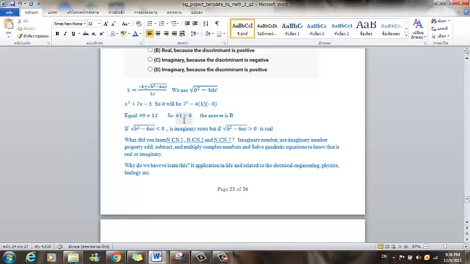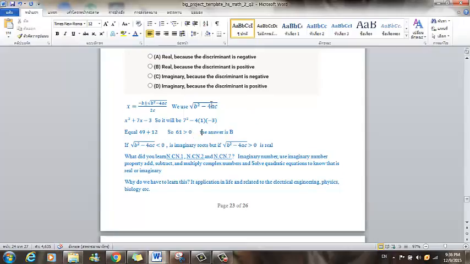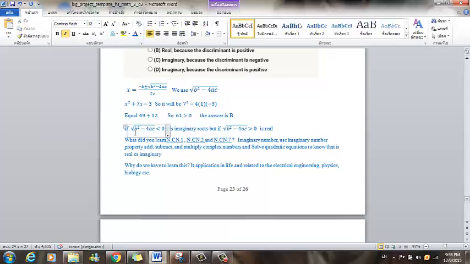So 61 is greater than 0. The answer is B, real, because the discriminant is positive. If the answer we get is less than 0, it has imaginary roots. But if the answer is greater than 0, it's going to be real.